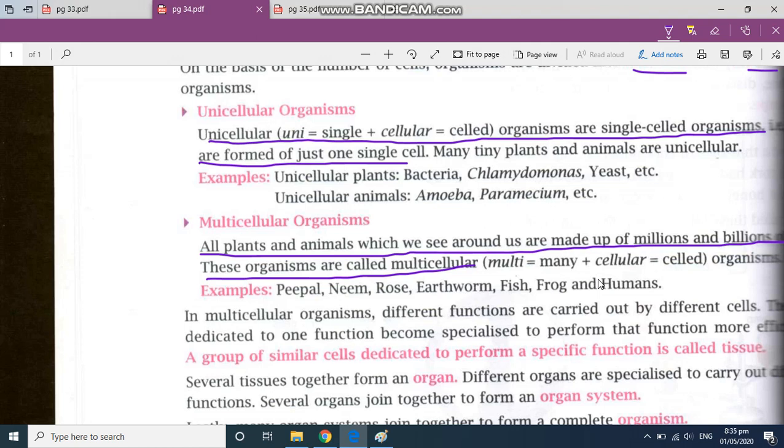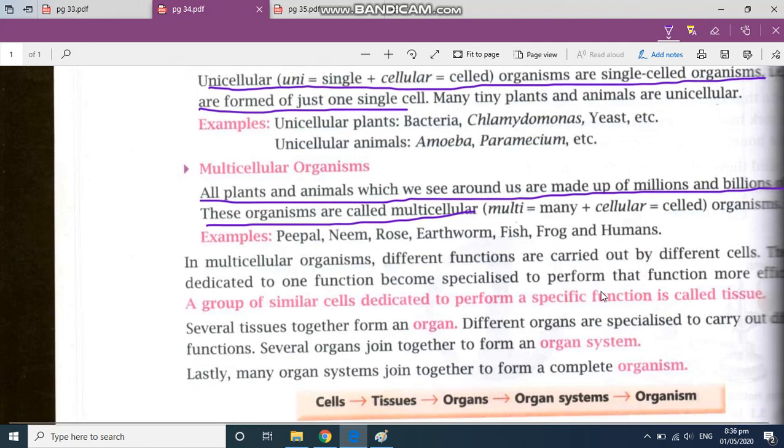Our life began with a single cell, and you can see now we have a huge body with so many cells performing so many functions. In multicellular organisms, different functions are carried out by different cells. Each cell is dedicated to one function and becomes specialized to perform that function more effectively.